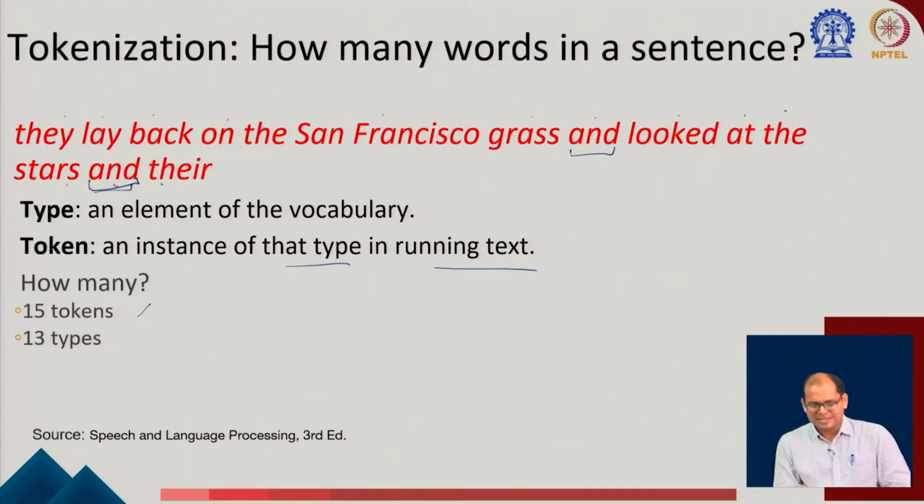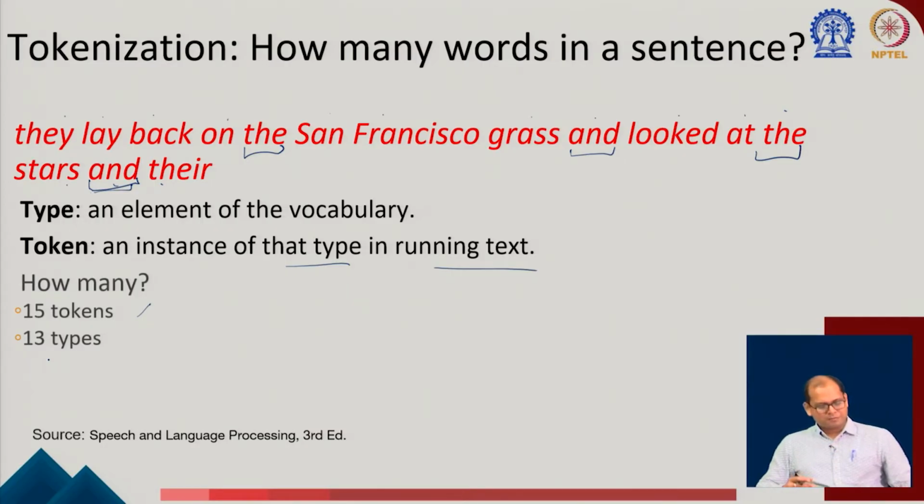Anything else? The word "the" is repeated too. So you have minus 2, so 15 minus 2, there are 13 types. So 13 types will contribute 13 words to the vocabulary. If you take a large data set and find the unique words, typically that will be the vocabulary, unless you want to reduce the vocabulary if it is too large.